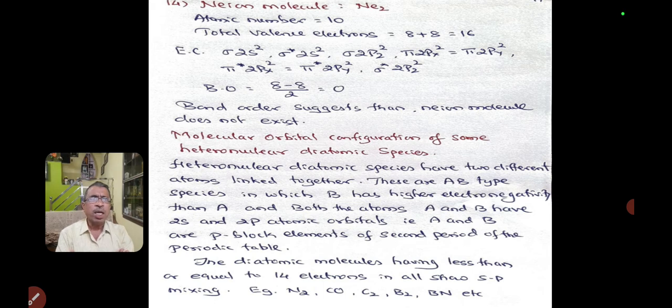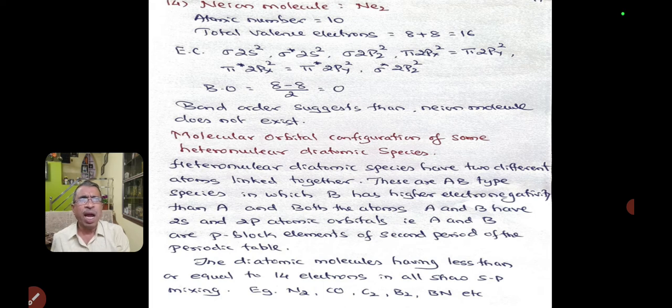Now coming to the explanations regarding heteronuclear diatomic species. Heteronuclear diatomic species have two different atoms linked together. These are AB type species in which B has higher electronegativity than A, and both the atoms A and B have 2s and 2p atomic orbitals.